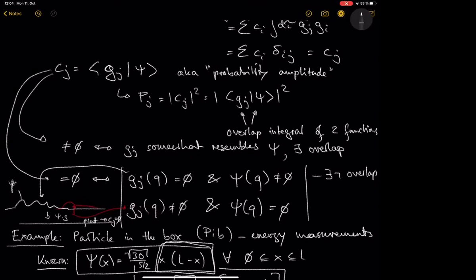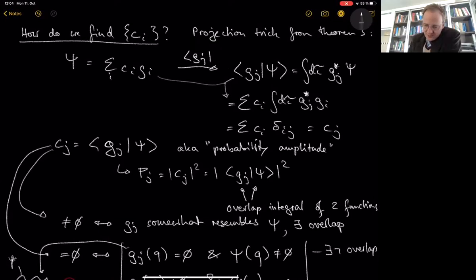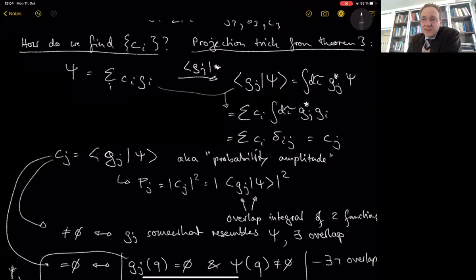I think my question was more on the definition of Cj itself. It's just the eigenfunction projected on the wave function of the particle. That's right. So we do the projection trick from our third theorem up here, which means we multiply from the left with the eigenfunction and we integrate.